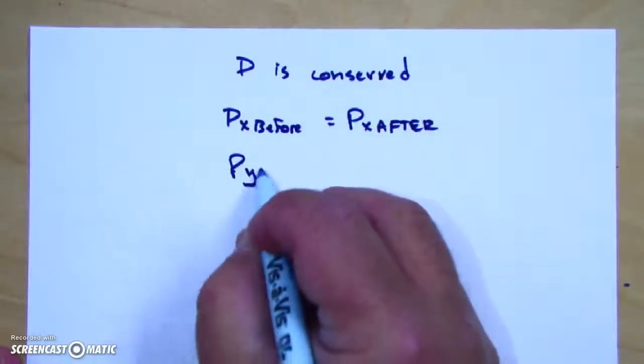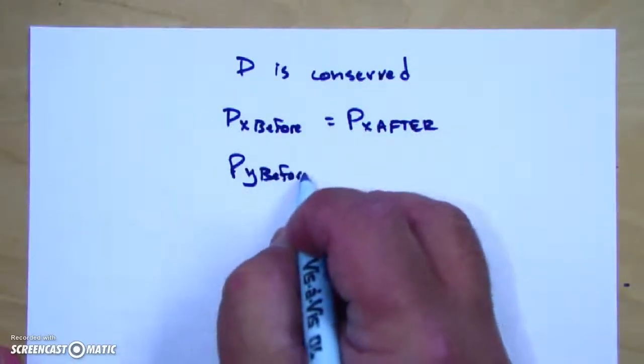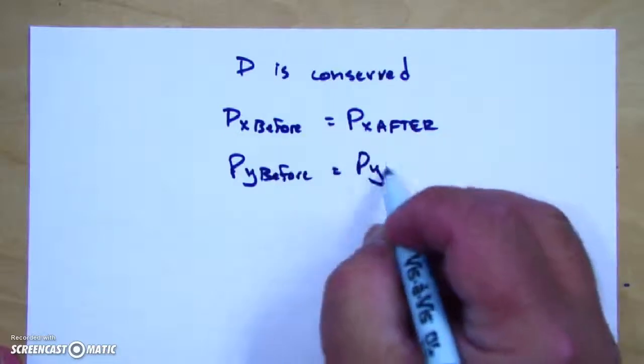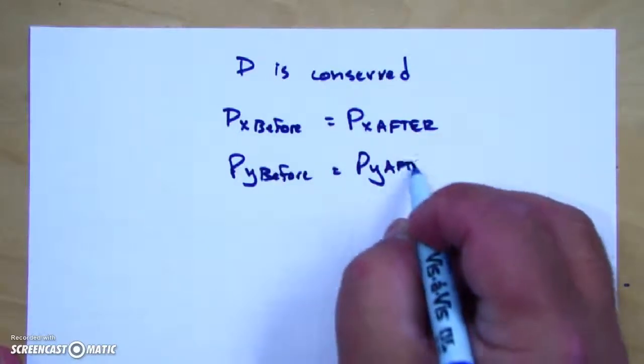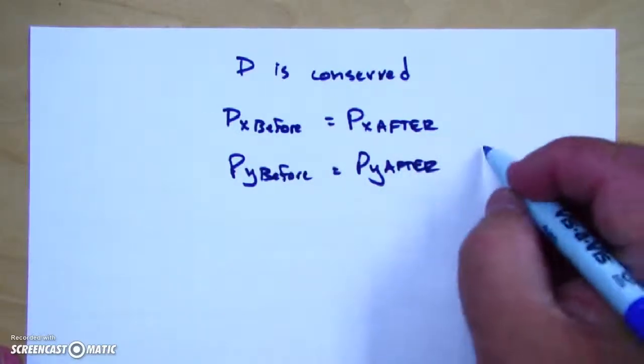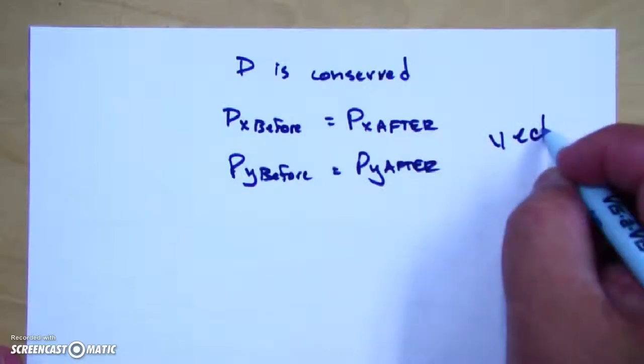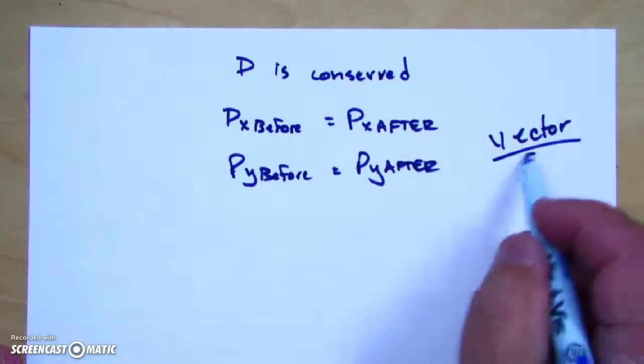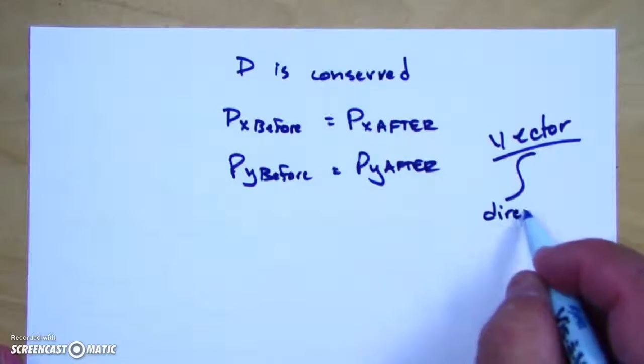The Py before is equal to the Py after. And the reason I can do that is momentum is a vector quantity. The fact that it's a vector quantity means direction matters.